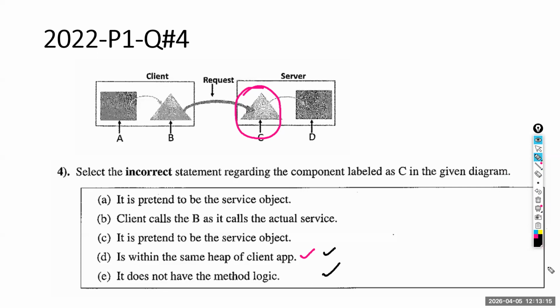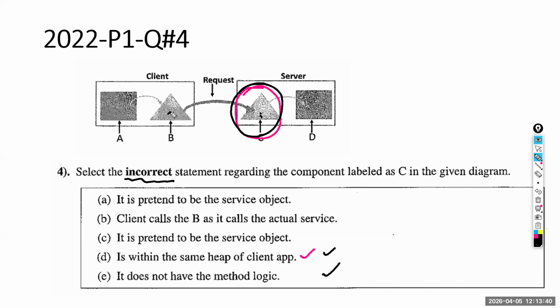Right, so let's see. Select the incorrect statement regarding the component labeled as C. C is the server skeleton. It is pretend to be the service object. Yes. So your real service object is the server, but your stub calls the skeleton.